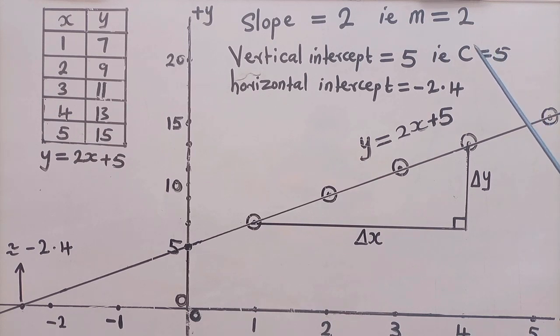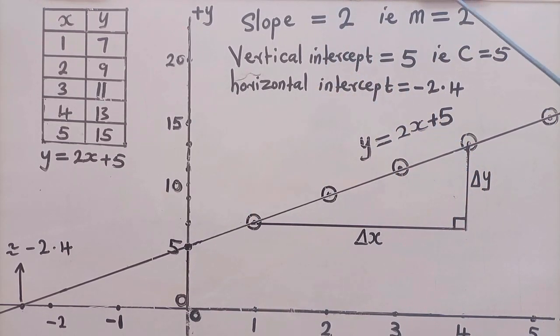We therefore say that c is equal to 5. C here represents the vertical intercept. We also recall that the horizontal intercept was gotten to be minus 2.4. These things were gotten from this Cartesian sketch.